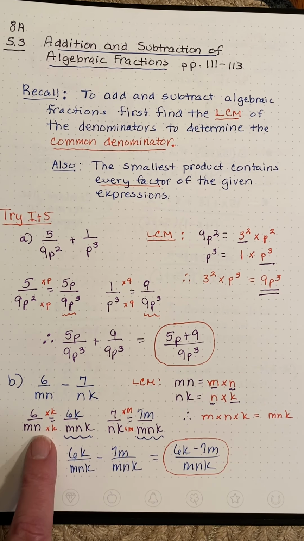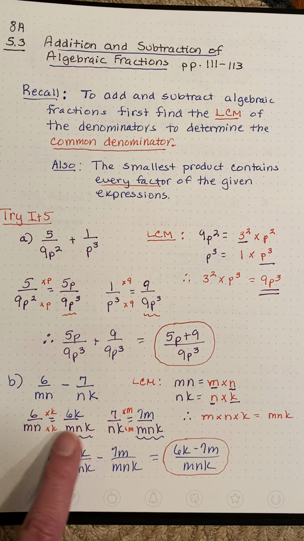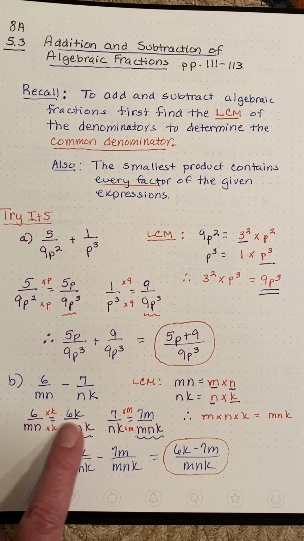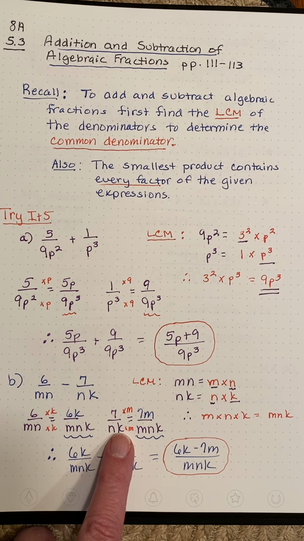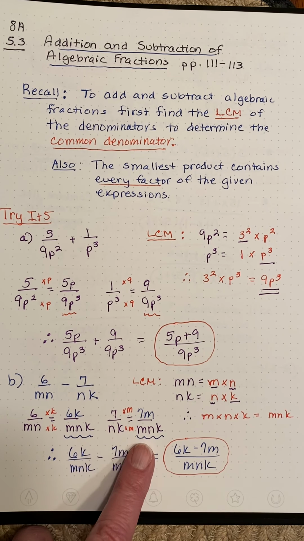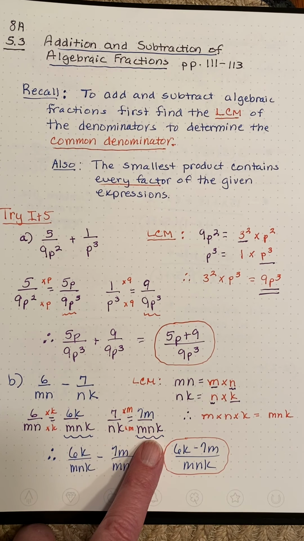To go from mn to mnk, I simply multiply by k in both the denominator and the numerator, which leaves me with 6k over mnk. Likewise, on this side, to get to mnk, I multiply both numerator and denominator by m, because that's the one that's missing. So it's 7m over mnk.